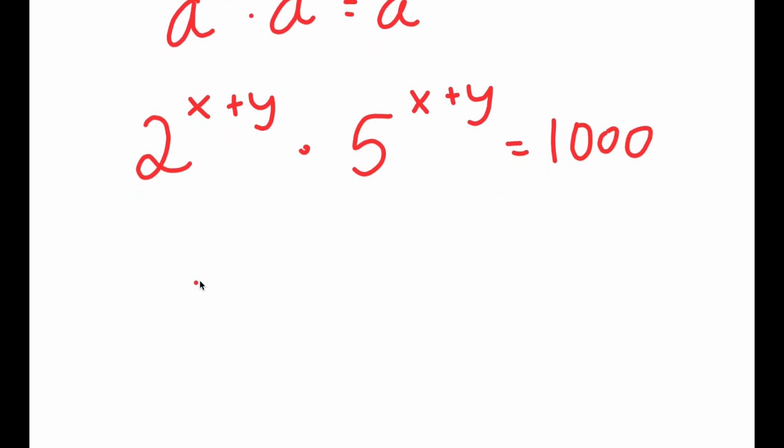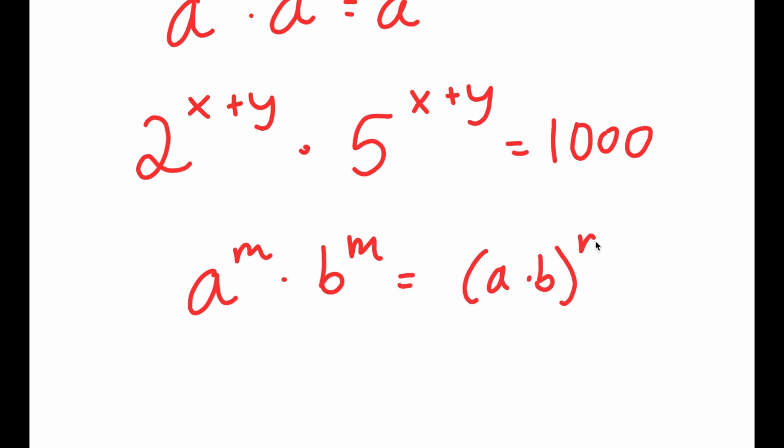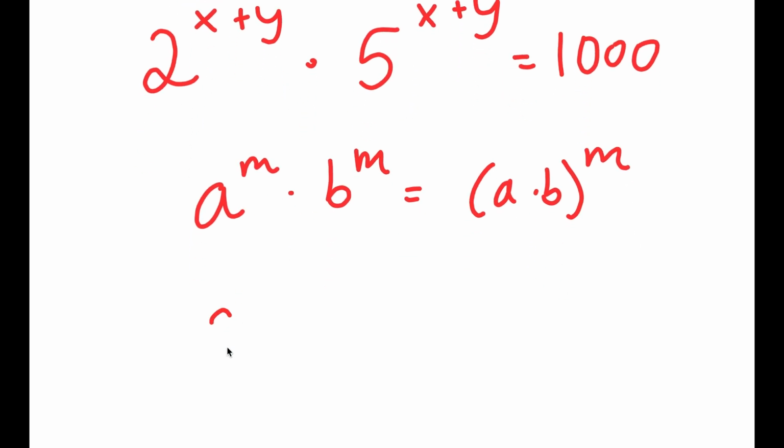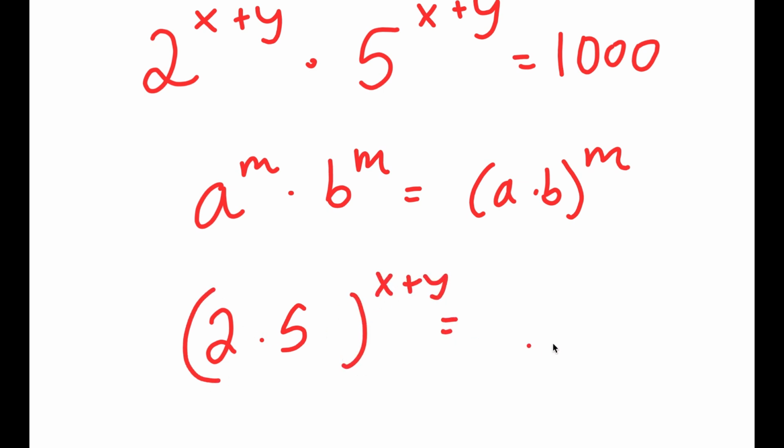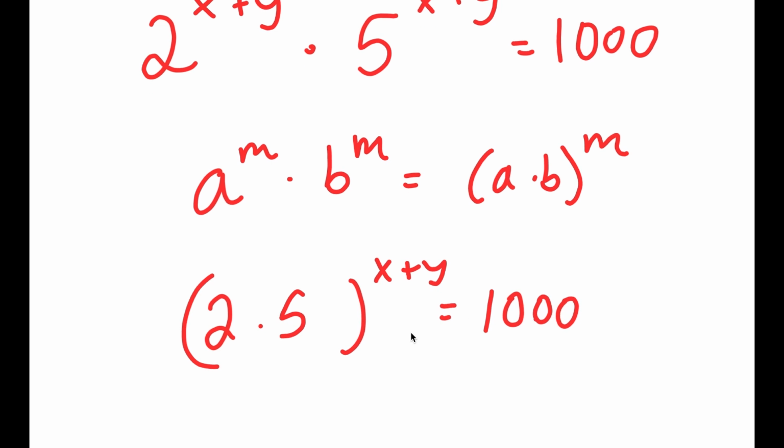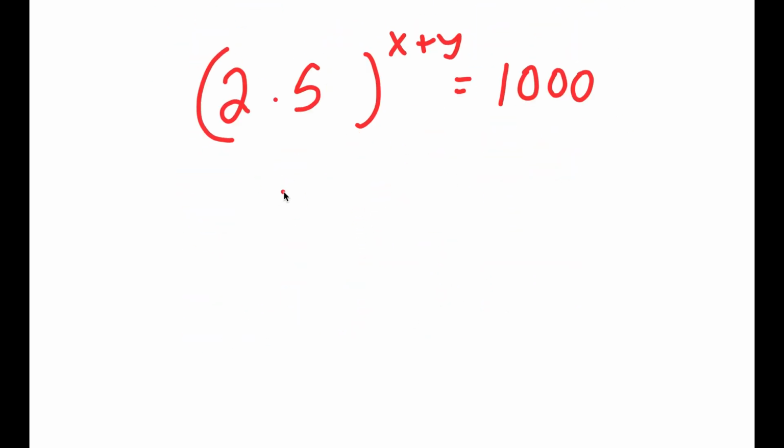Now, if I have something in the form a to the power of m times b to the power of m, this is the same thing as a times b to the power of m. So 2 to the power of x plus y times 5 to the power of x plus y is the same thing as 2 times 5 to the power of x plus y, which is equal to. Alright, so now this turns into 10 to the power of x plus y is equal to 10 to the power of 3.